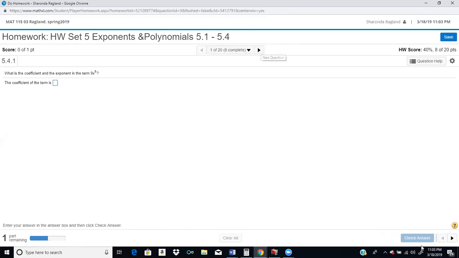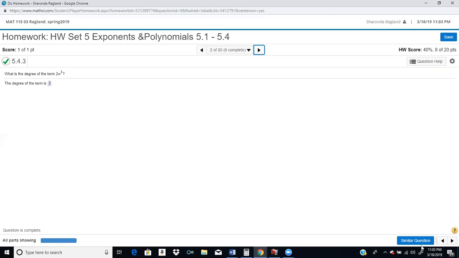And if we're talking about base, we have two bases, 9 and 6. Dealing with the degree, again, we look at the variable part. In this case, they won't give you more than one term, so you don't have to look at each individual term to see who has the highest degree, because the highest degree wins. So in this case, we look at the exponent of the variable, and that's why the degree of this term is 3.